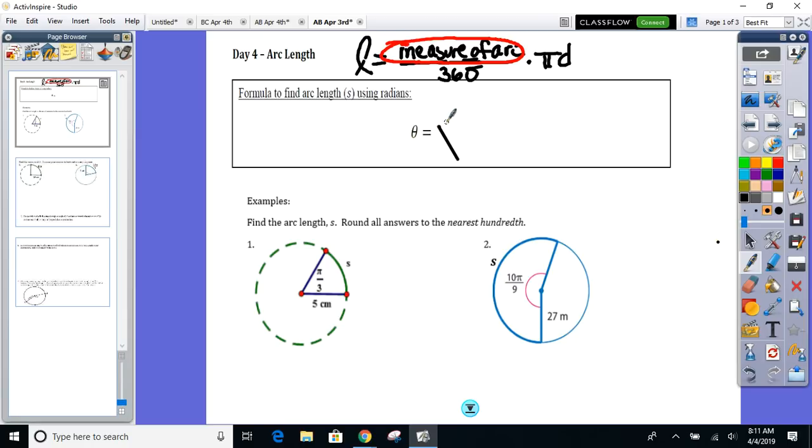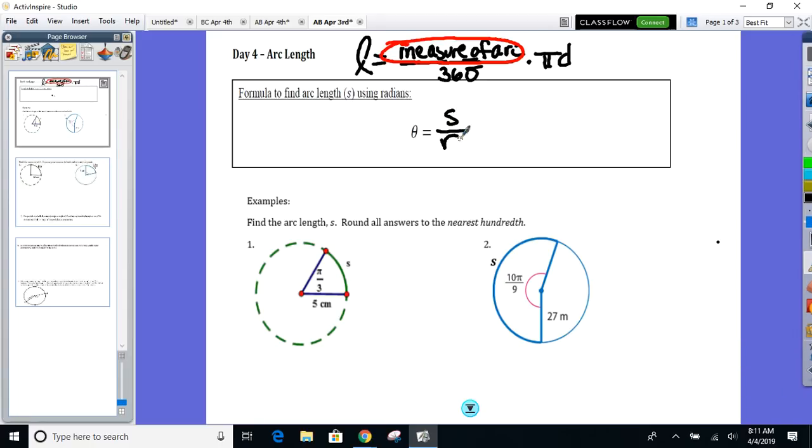Theta equals S over R. Let me talk about what all three pieces mean. Let's get R out of the way. Most of us can maybe already guess R is the radius length.